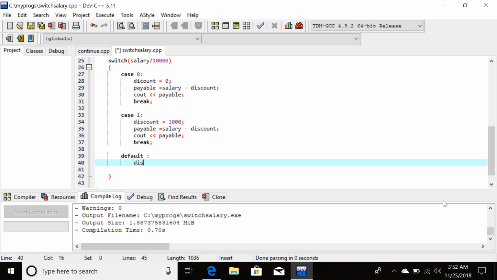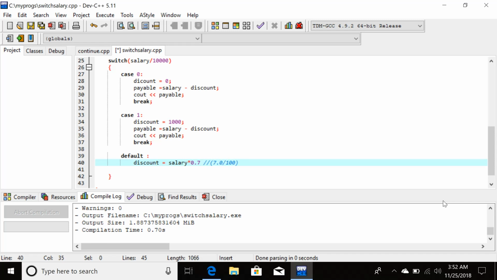So the discount will become salary times 7% of the salary, which is 0.07. Remember, we could use 0.07 or we could use 7.0 divided by 100, but not 7 divided by 100.